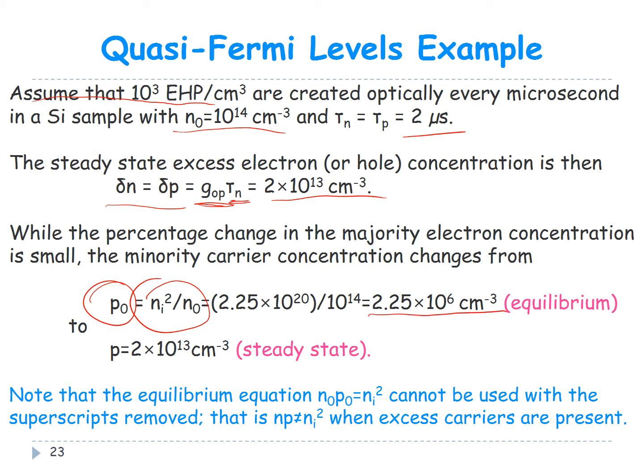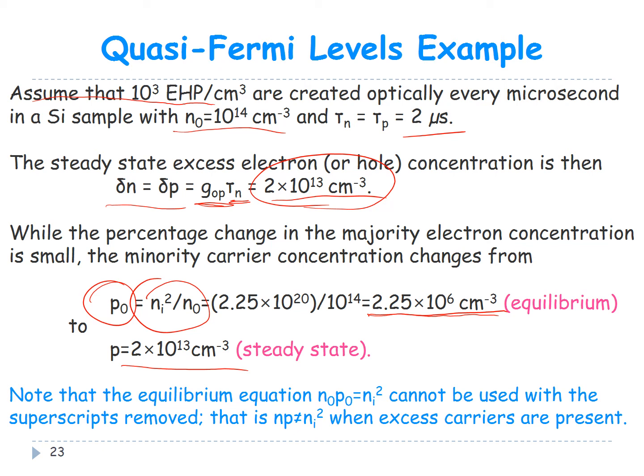But now if you have generation of 2 times 10 to the power 13 electron hole pairs, then the concentration of minority carriers changes significantly. There's a big change from 2.25 times 10 to the 6 to 2 times 10 to the power 13 at steady state.